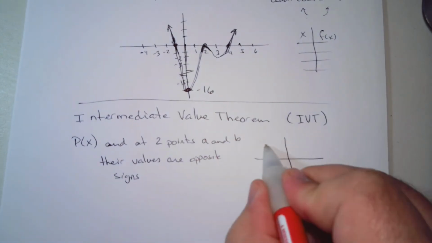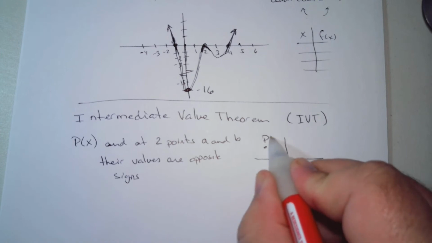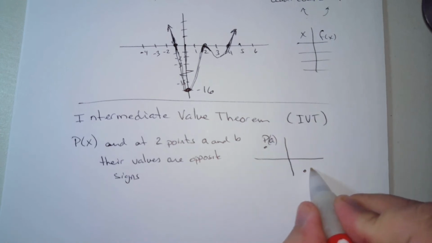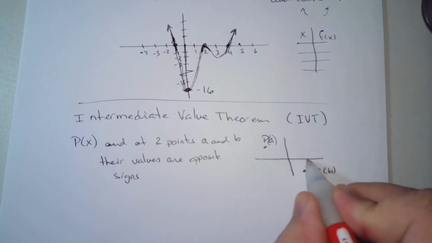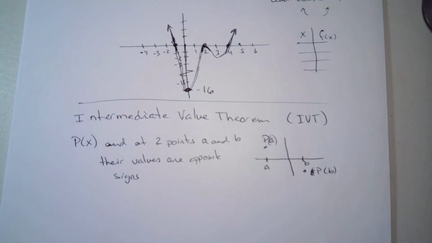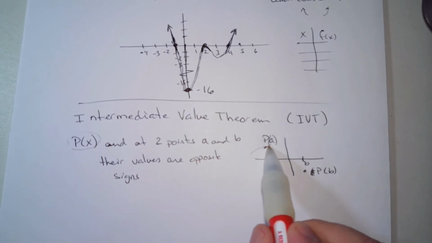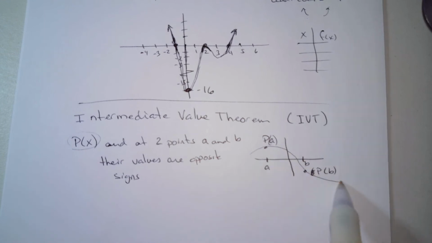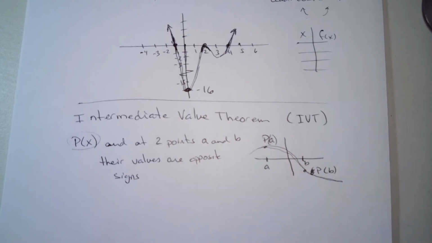So let's say this is P of A, and then let's say this one's P of B. This is point B and this is point A. Remember, polynomial functions have to be continuous, so there has to be a line that connects these 2 points. It can look like anything.